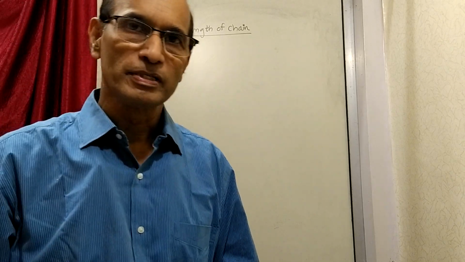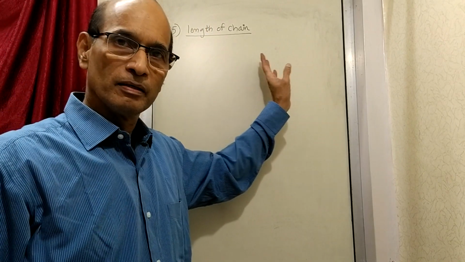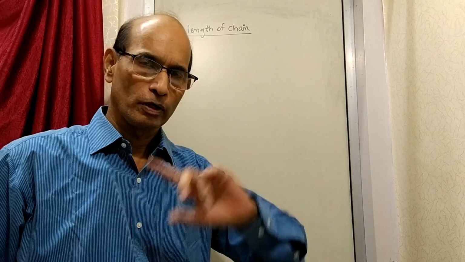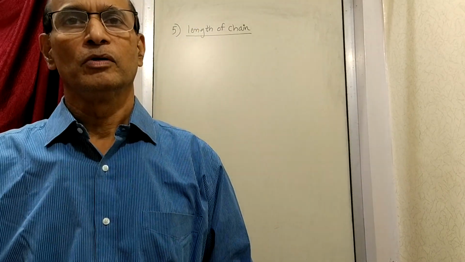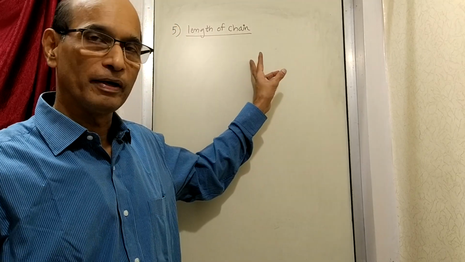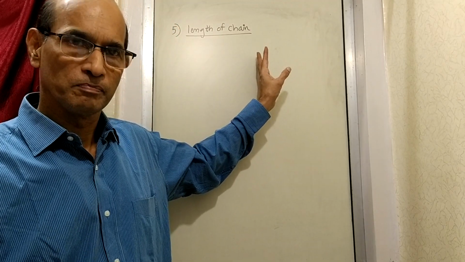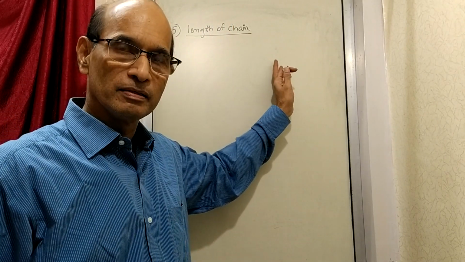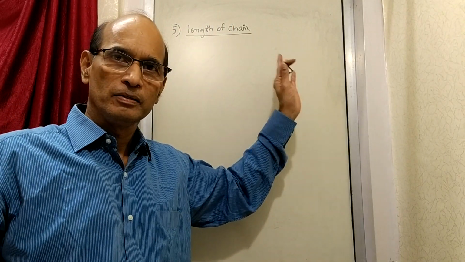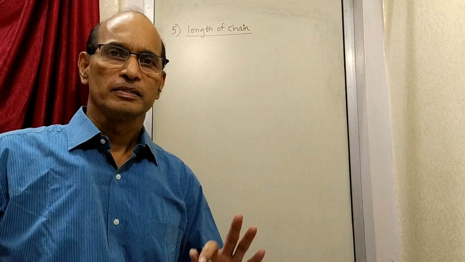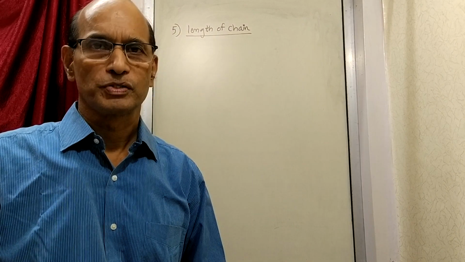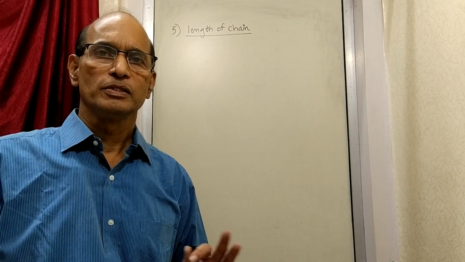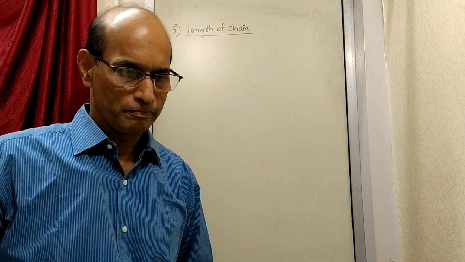Now in this example we see that the length of chain is found out by a similar formula as for a belt drive. Whatever equation we have derived for belt drive, on the same lines we are going to find out the length of the chain. So write down: the length of the chain is calculated by a similar equation which is used for belt drive.